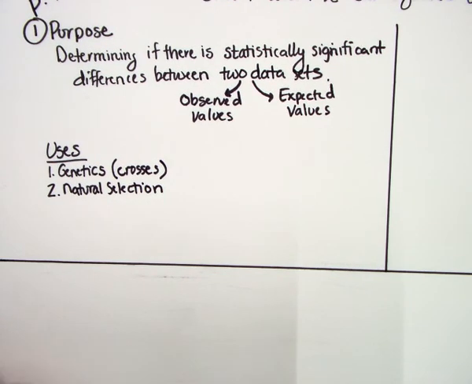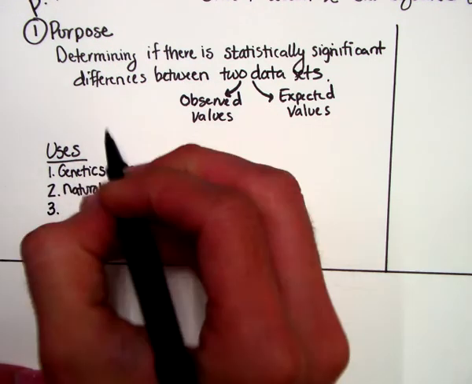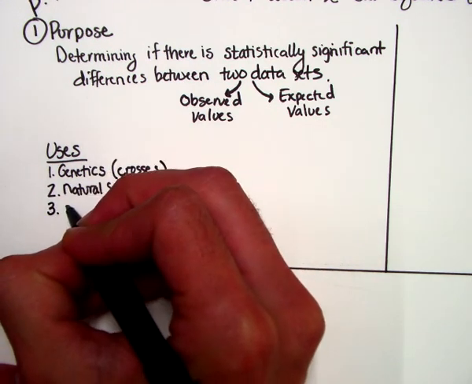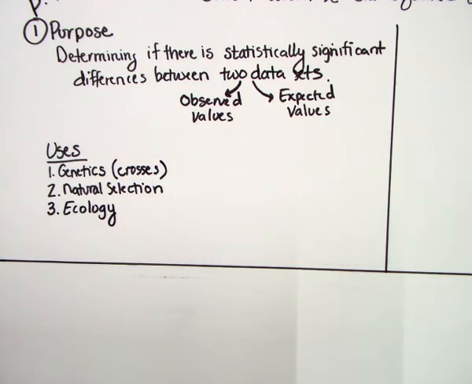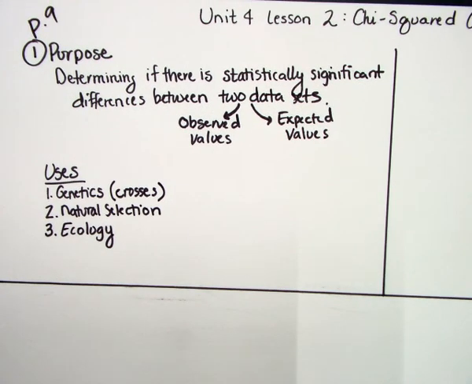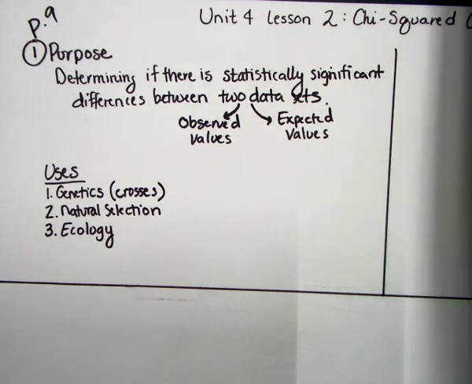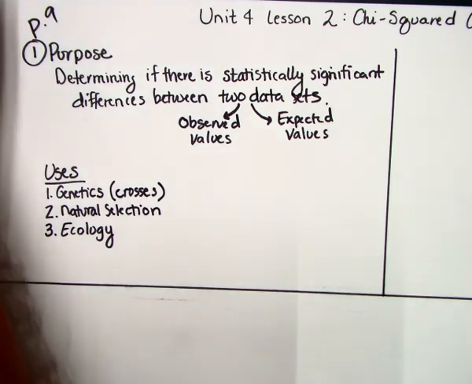All right. And third, we can use this in ecology, particularly in looking at the quantitative values that we're measuring in an ecosystem to see if they are statistically different from what we'd expect for those values, which can help us in studying things that might be affecting the ecosystem.